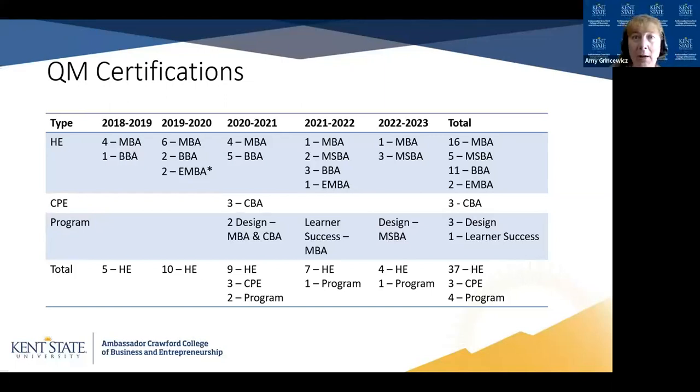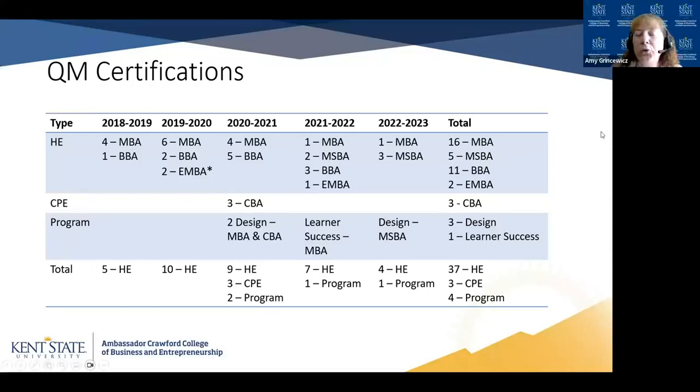We have an online MBA, an MSBA, an MSA, and a general business degree that is fully online. We also have courses certified in our executive MBA, which is not a fully online degree program, but it shows that we don't just care about our fully online degree programs, we care about all of the courses being offered in the college.